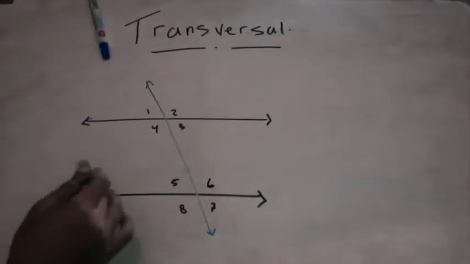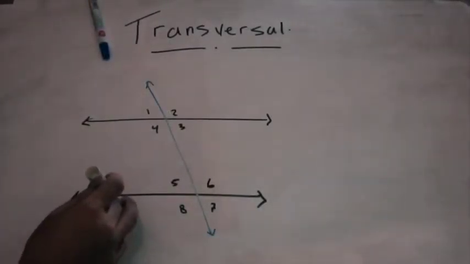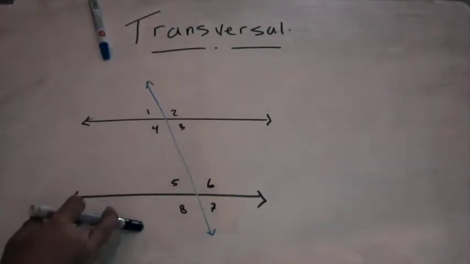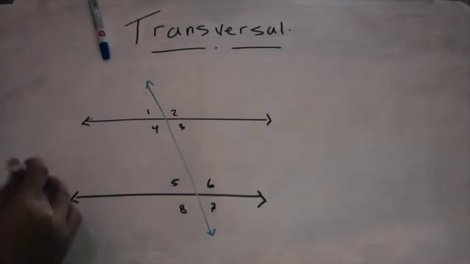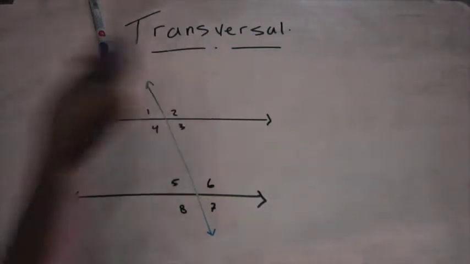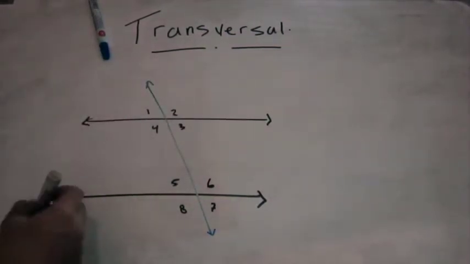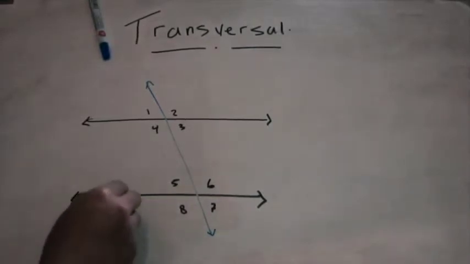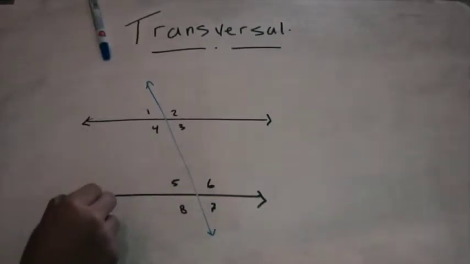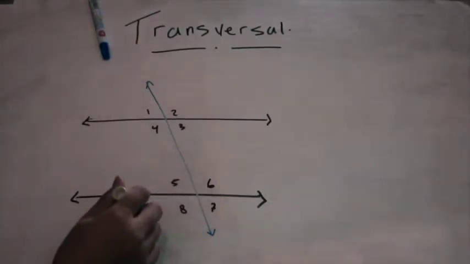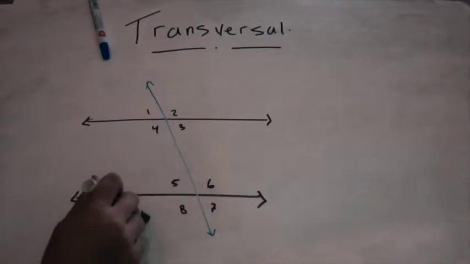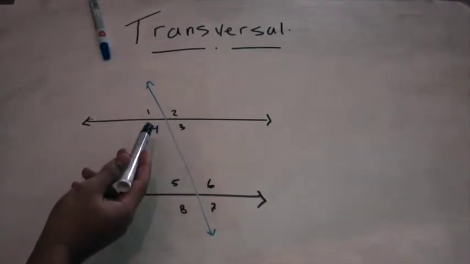So in this problem, we're dealing with a geometrical construction. It's kind of interesting, called transversal, as you can see. In this situation you have a couple of parallel lines, and you have another line across them, which is called a transversal.